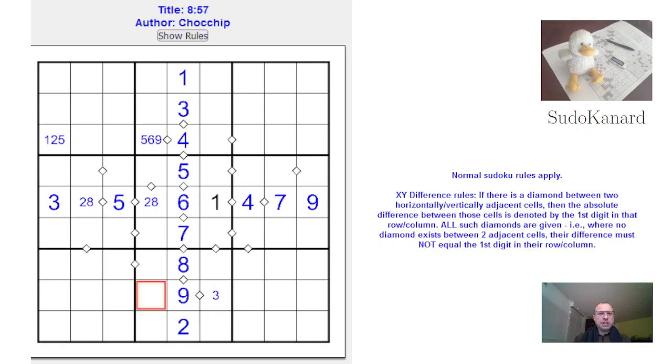Let's just ponder. 3 would work with a 6. 4 would work with a 5. And conversely, 6 wouldn't work. 7 would work with a 2. Well, that's 4 options, actually. That's not so interesting. This is definitely not the place to look.